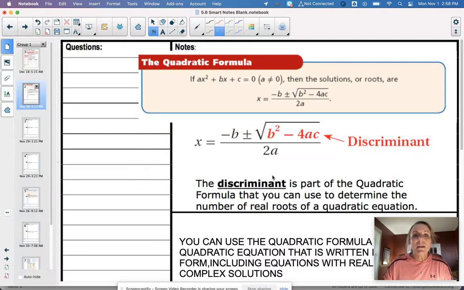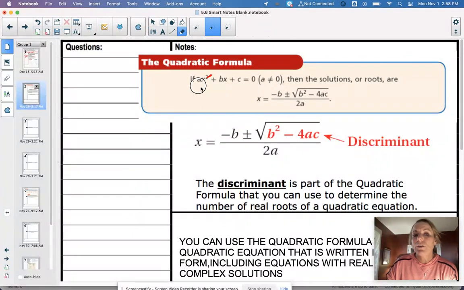Here's the quadratic function equation, ax squared plus bx plus c equals 0. A cannot equal 0 because, and we've already talked about this, if a is 0, that means that goes away, and then you change from a quadratic to a linear, and that's not what we're dealing with.